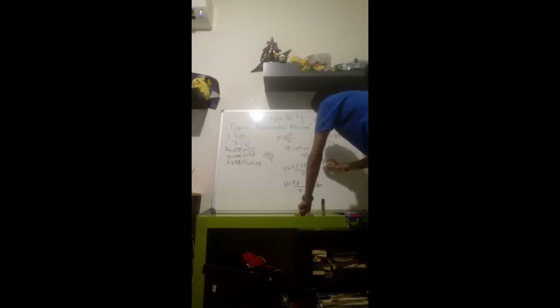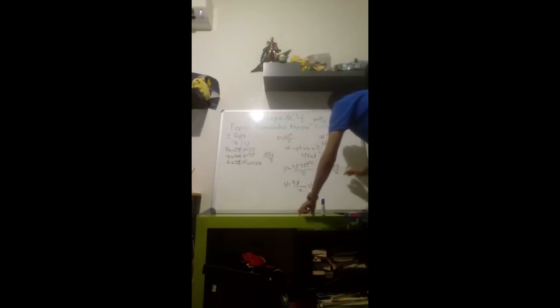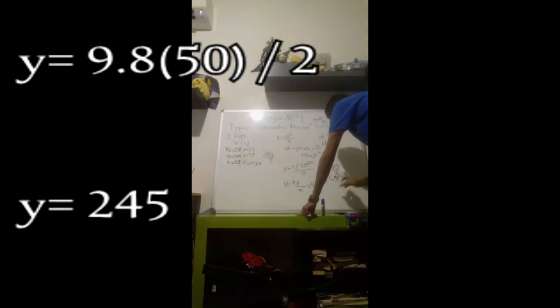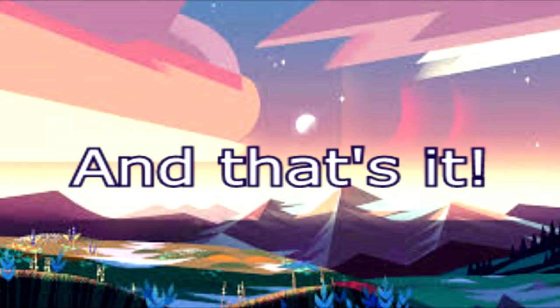So the gravity is 9.8, the time, the letter y is equal to 50, and all of this is divided by 2.